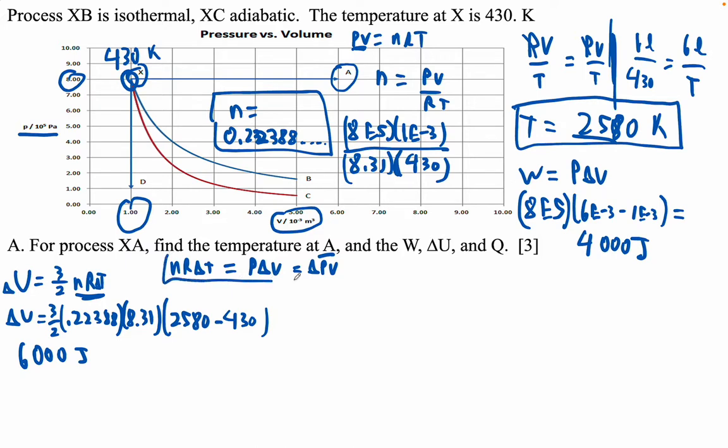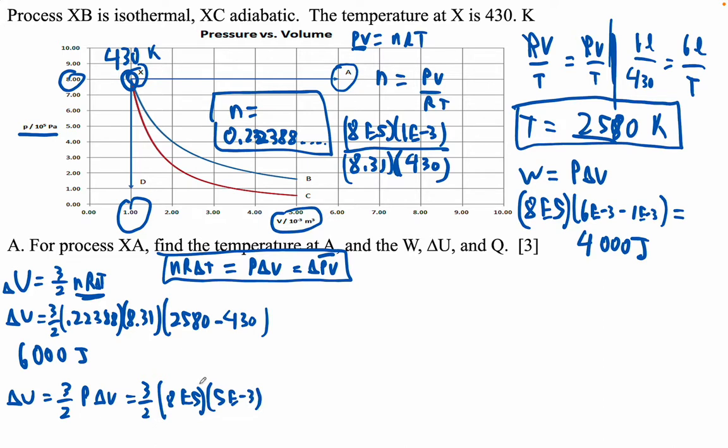This is a shortcut, okay? So let's do the shortcut. Delta U is 3/2 P delta V. This is a lot easier, isn't it? 3/2 times pressure is 8E5. Delta V from 1 to 6 is 5 E minus 3.